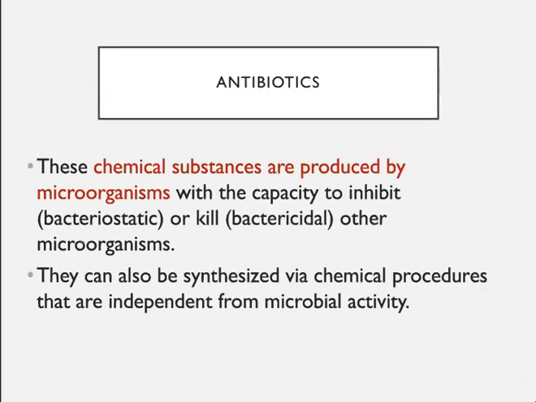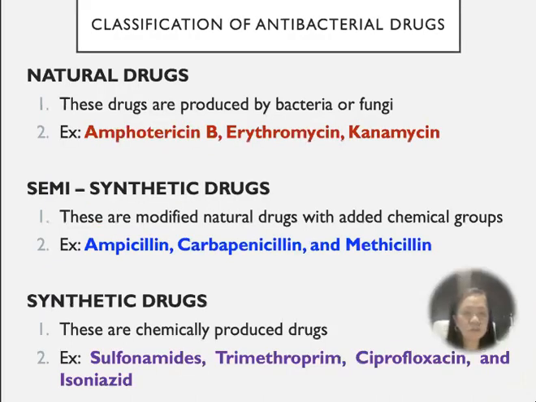Okay, so antibiotics are chemical substances. These may be synthesized or naturally acquired. These are chemicals that are able to kill microbes other than those from which they were extracted. So natural drugs are extracted from fungi or bacteria.